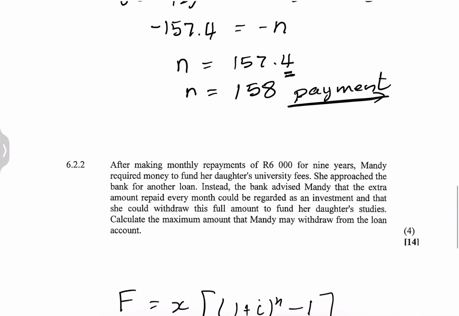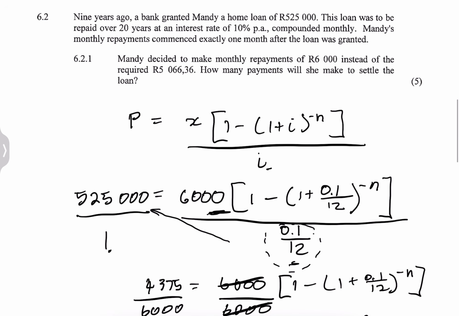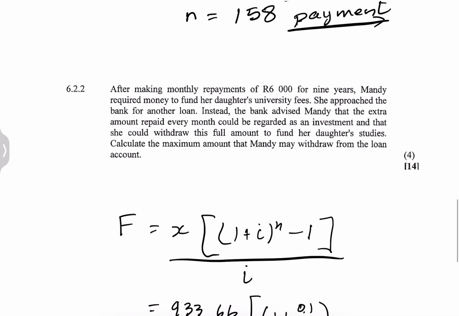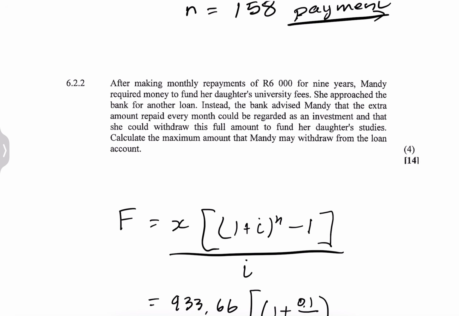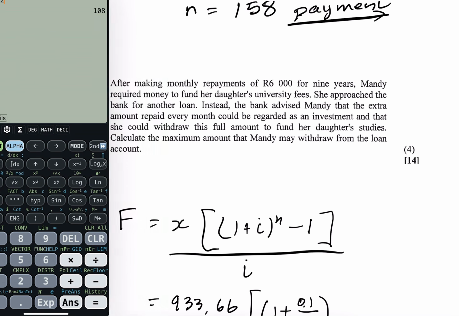Remember, she had been investing for 9 years in this case. So I want to know how much is 9 years. That's 9 times 12, and that gives me 108.